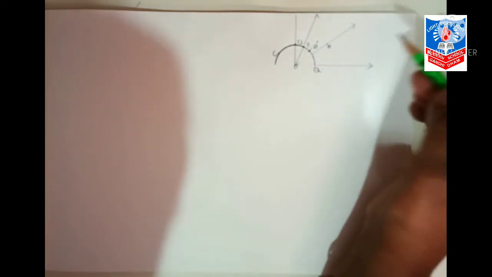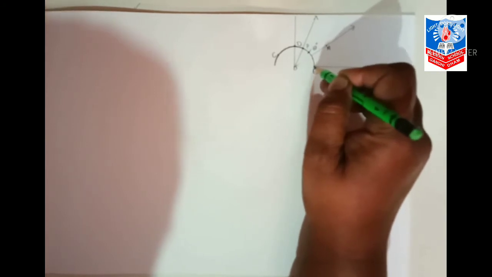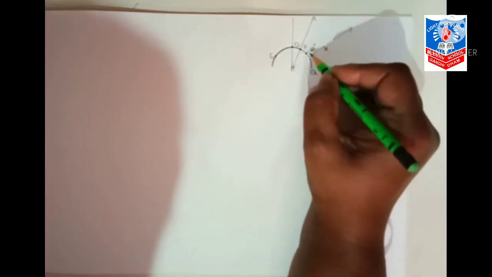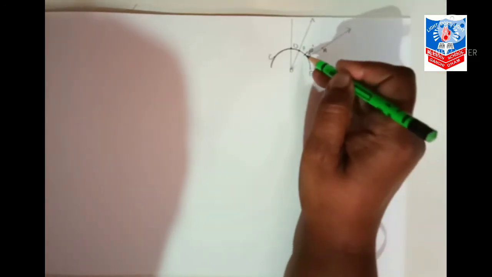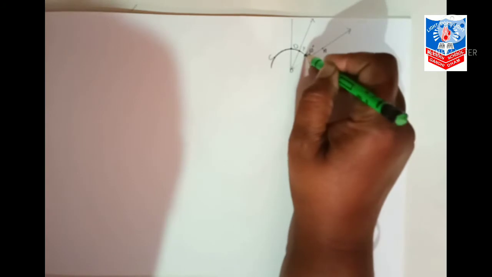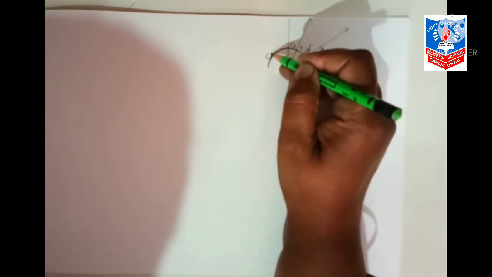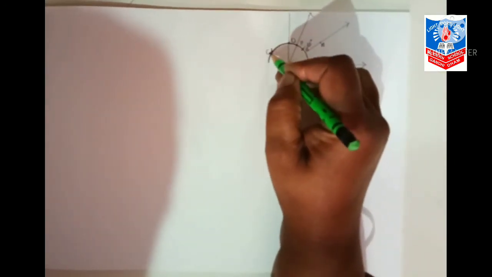Then with the same radius and center Q, we will make an arc for an angle of 60 degrees and we will give it the name B. With the same radius and center B, we will make an arc here. This is 60, then this is 120.